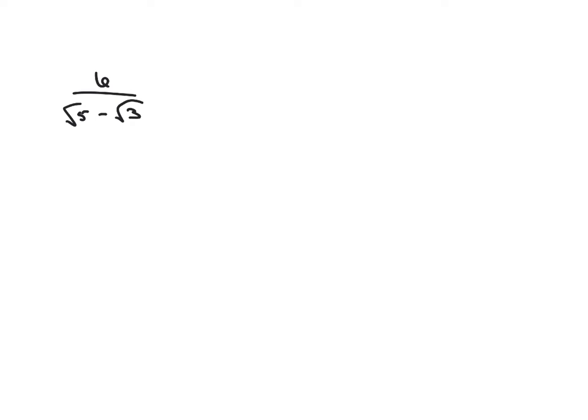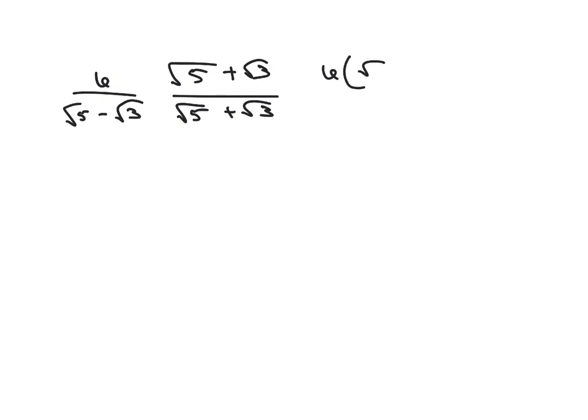So we multiply the top by 5 plus the square root of 3 over. Okay, so notice the signs are just the opposite of what this one is. So the top we get 6 square root of 5 plus square root of 3 over.